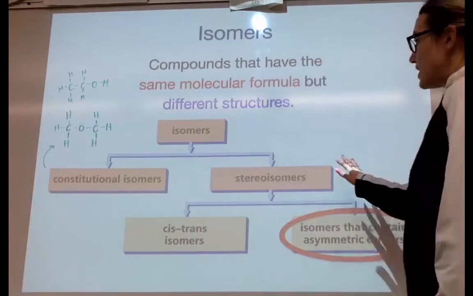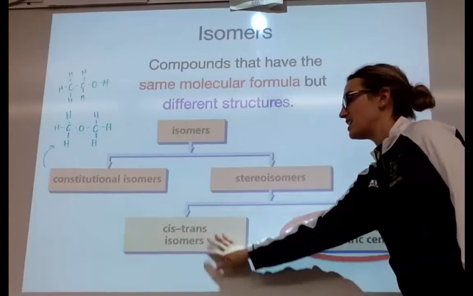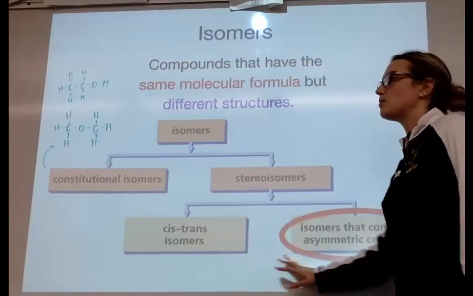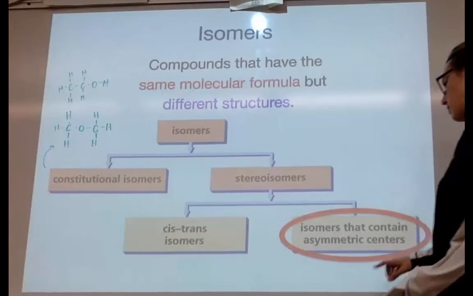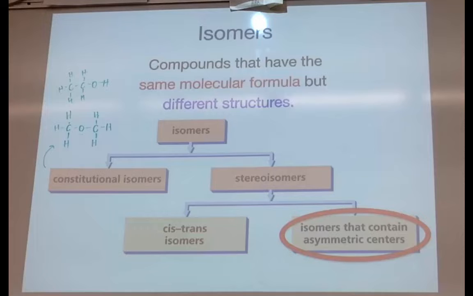Stereoisomers over here, all of this is dealing with what happens when the atoms are connected the same, but they're arranged differently in space. So one is a wedge, one is a dash. That's looking at stereoisomers. We're going to focus on these asymmetric centers. We're going to look at enantiomers, which are mirror images, and diastereomers as well.